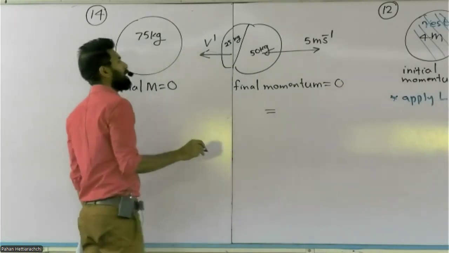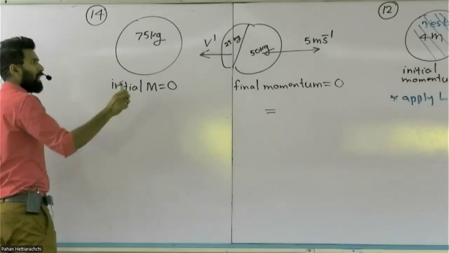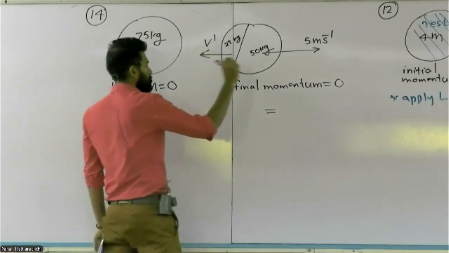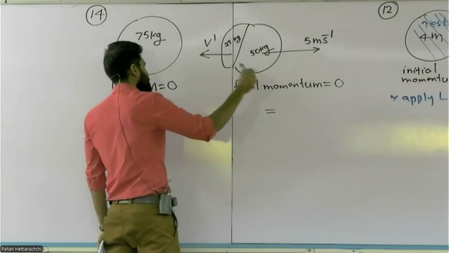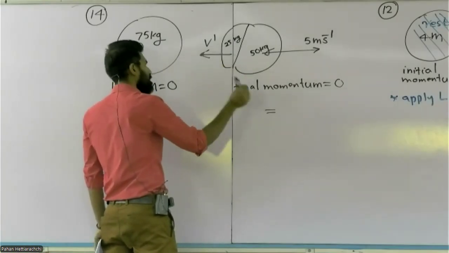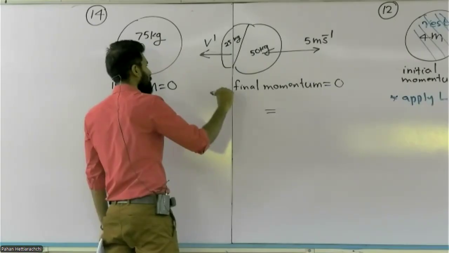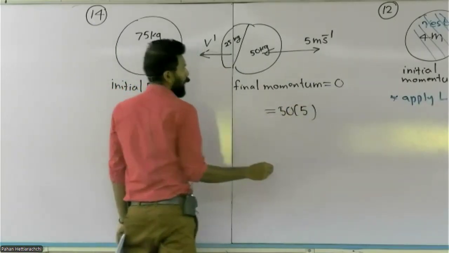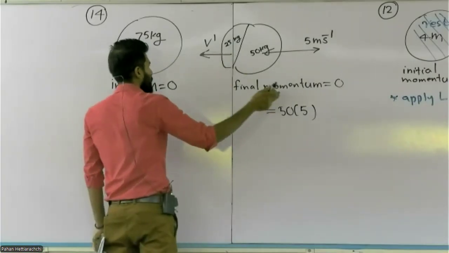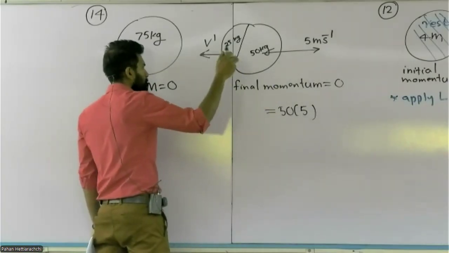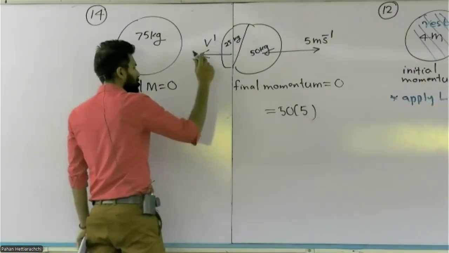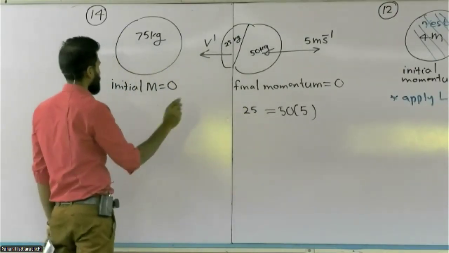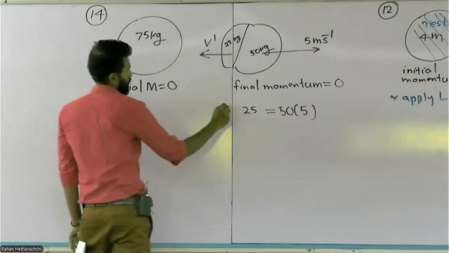How can the final momentum become 0 while the fragments are in motion? No problem. These two fragments can move exactly in opposite directions, cancelling their momentums to make the final momentum 0. The 50 kg fragment will move in a direction with a momentum of 50 into 5. The lighter one, 25, will move exactly in the opposite direction, cancelling out the previous momentum.